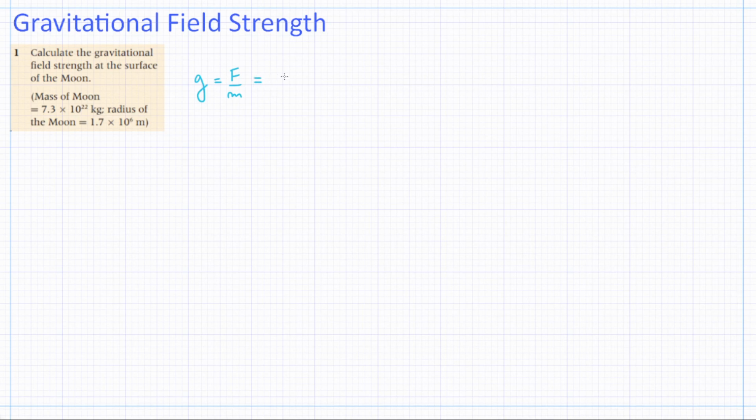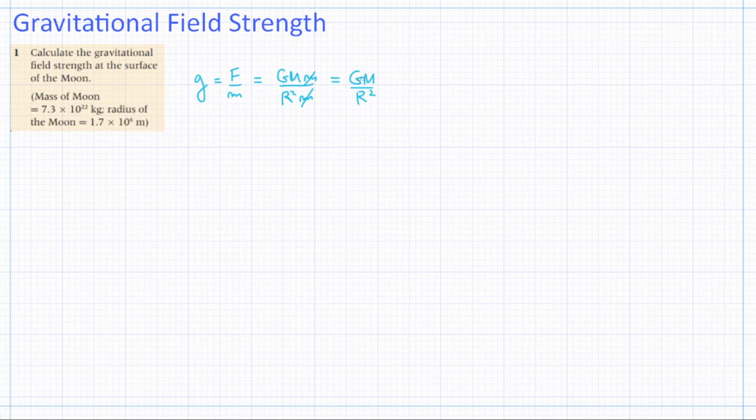So in this case, it's capital G, uppercase M, lowercase m over r squared, all over m. So the mass of our point object doesn't matter, and that's capital G, capital M over r squared.